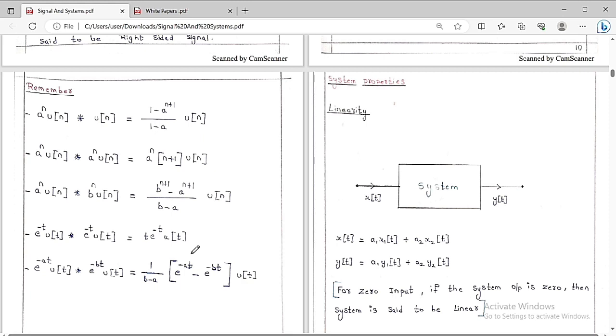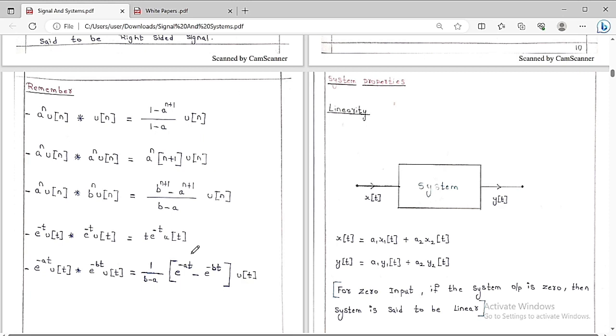So a to the power of n u of n convolution of u of n is equal to 1 minus a to the power of n plus 1 by 1 minus a into u of n. Whereas a to the power of n u of n convolution of a to the power of n u of n is equal to a to the power of n into n plus 1 into u of n. Similarly, a to the power of n u of n convolution of b to the power of n into u of n is equal to b to the power of n plus 1 minus a to the power of n plus 1 by b minus a into u of n.